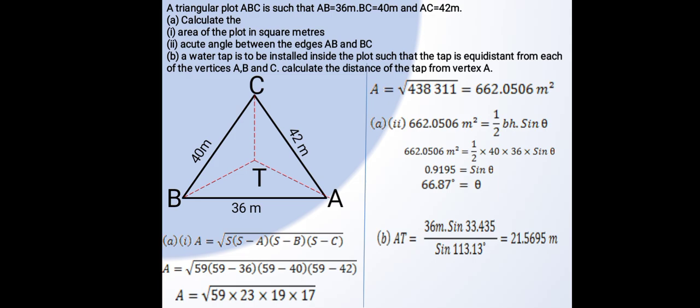Heron's rule, you remember, we get half the perimeter, which is S, and then subtract all the sides from S, then take the product of everything and get the square root. You can see I've computed down there, and I've gotten that area to be 662.0506 meters square.